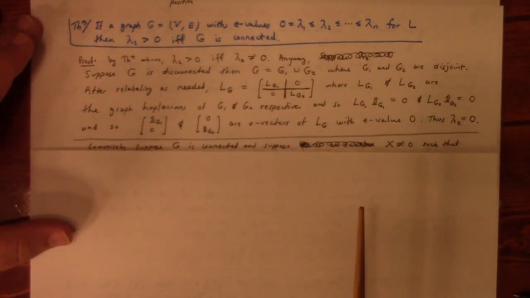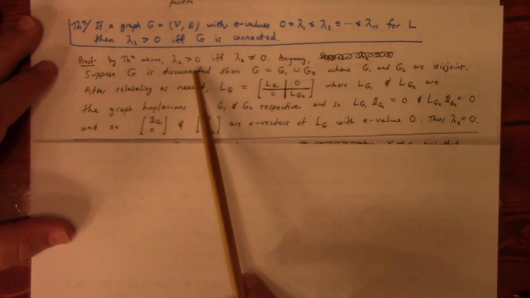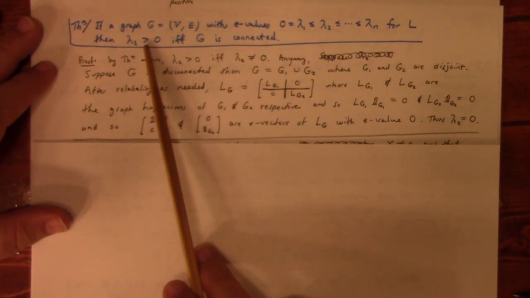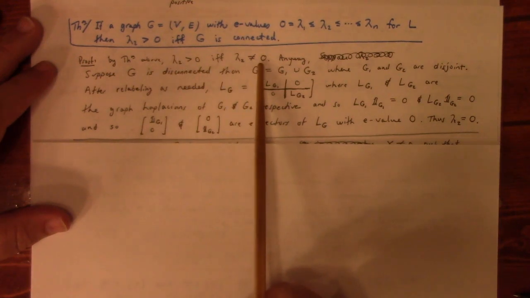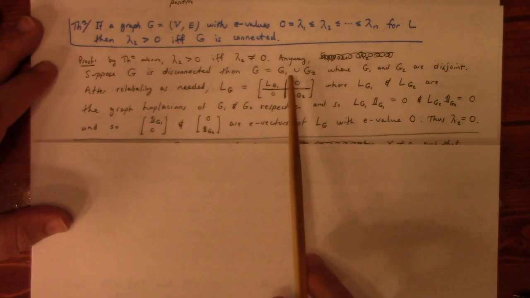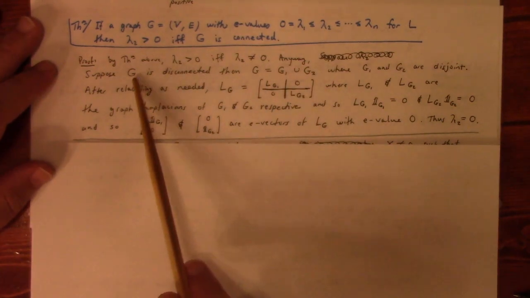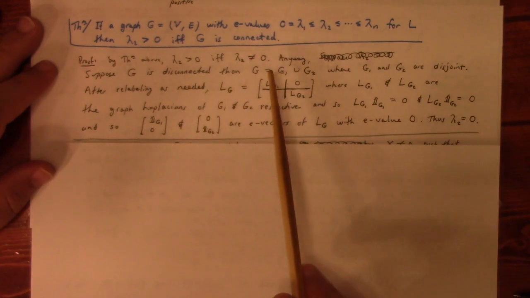All right, so here's the proof, and I just follow Spielman. By the way, lambda 2 being positive is the same as lambda 2 being not 0, right? So, all right. And then he says, okay, so suppose G is disconnected.